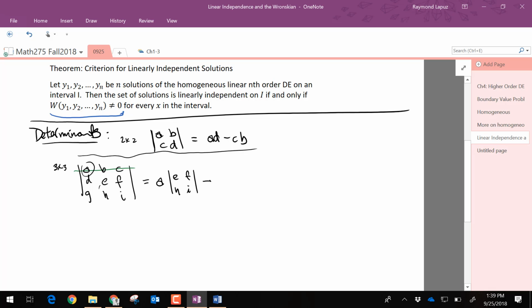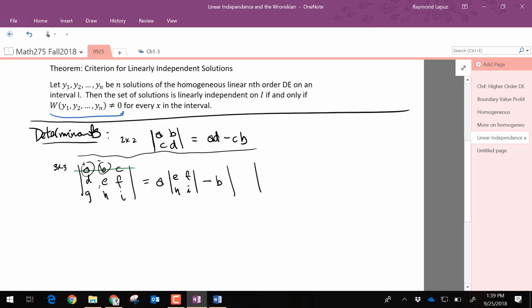Now, it alternates plus, minus, plus, minus. So we start off with A being positive, and then we go to B, which is negative, and that's negative B.